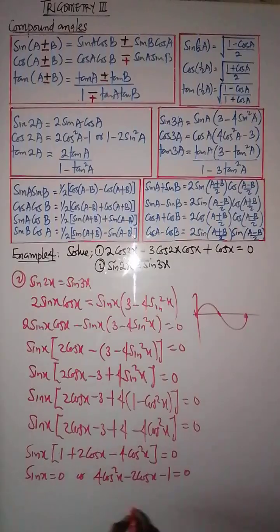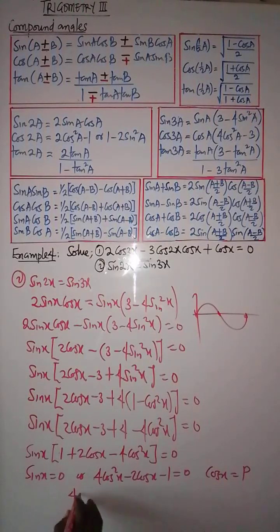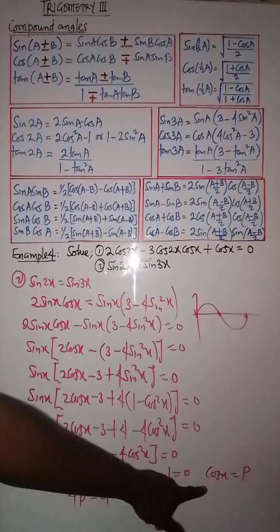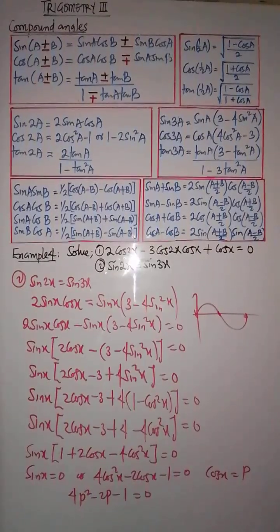We can let cos x be p. So this becomes 4p squared minus 2p minus 1 is 0. Then we'll solve this quadratically. After solving it, we get two values of p. After doing that, we recall cos x and we'll solve. We've solved something similar in trig 2. I believe we can finish it off from here.